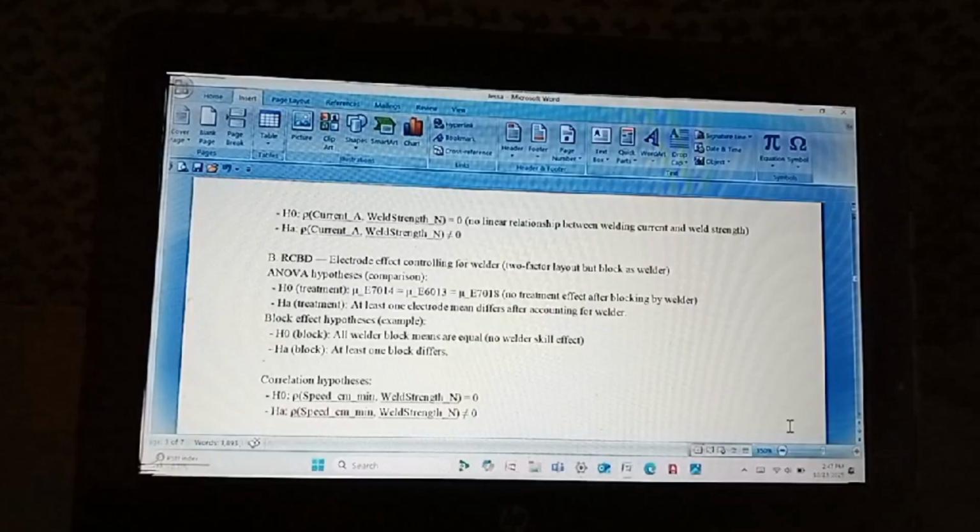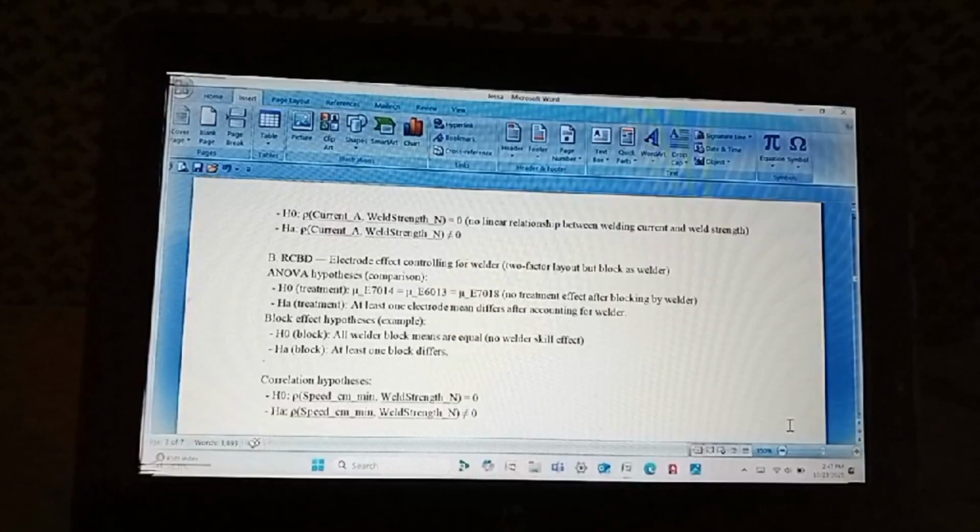RCBD, electrode effect controlling for welder. Two-factor layout but block as welder. ANOVA hypothesis or comparison. H0 treatment: mu E7014 equals mu E6013 equals mu E7018, no treatment effect after blocking by welder.